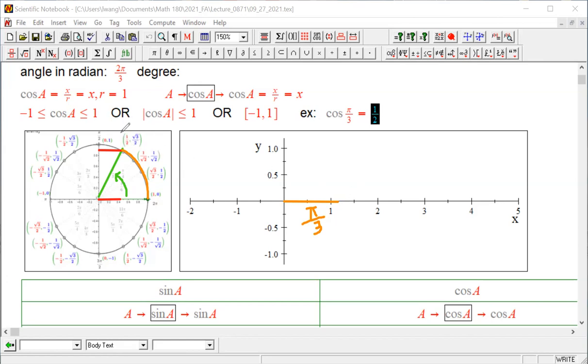And what is the red number? I'm going to take this red piece, copy it, but I make it stand up.